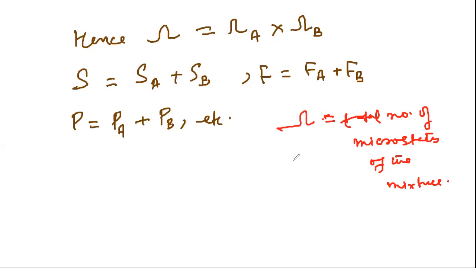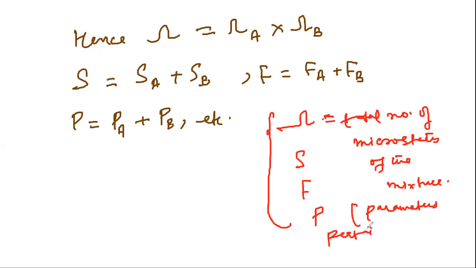Similarly, S is the entropy of the mixture, F is the free energy of the mixture, P is the pressure of the mixture. So these are the parameters pertaining to the overall mixture.